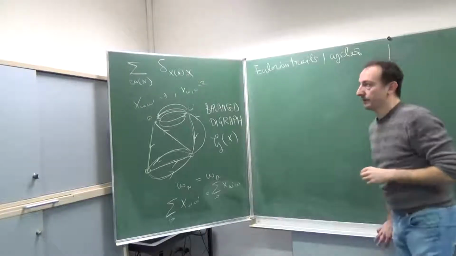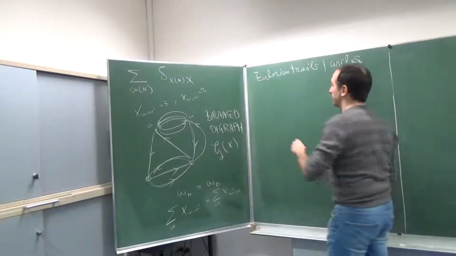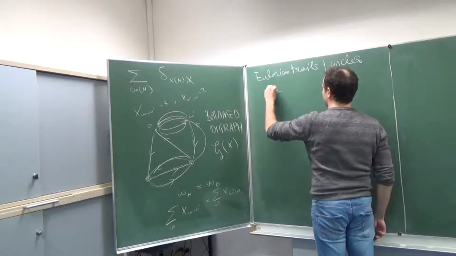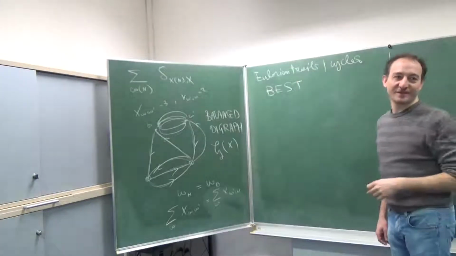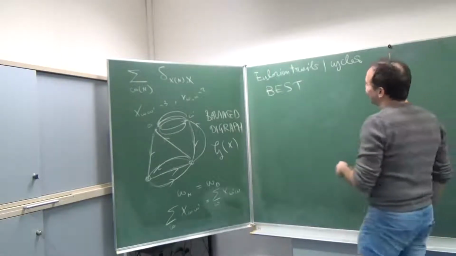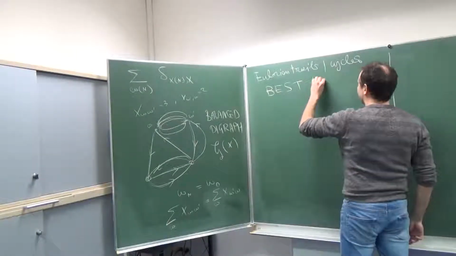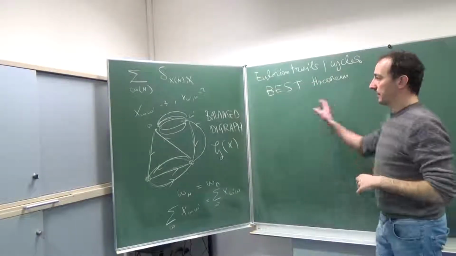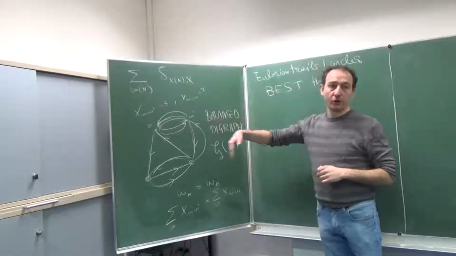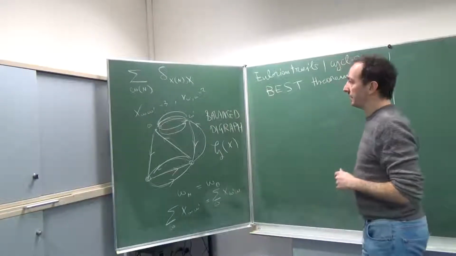And there's a theorem called the BEST theorem, after the names of the discoverers, that tells you how many of these Eulerian trails there are.